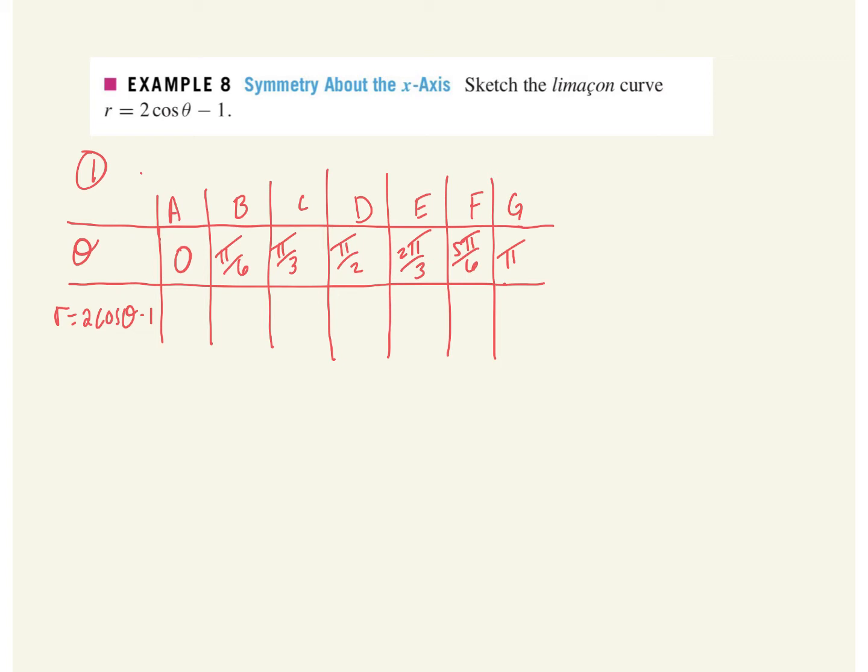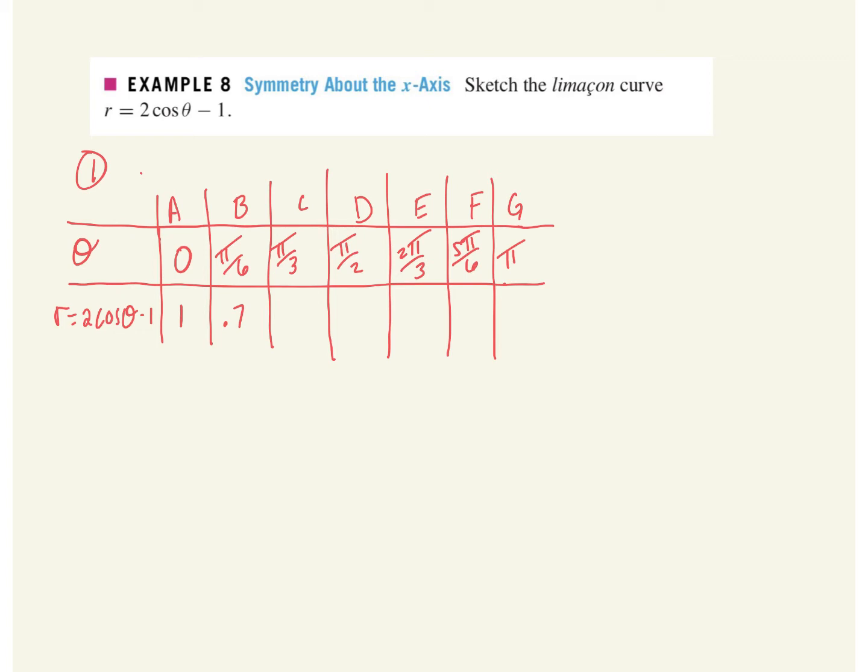So if I evaluate r at 0, cosine at 0 is 1, 2 minus 1, we get a 1. If I evaluate it at pi over 6, cosine at pi over 6 is root 3 over 2 times the 2, so it's root 3 minus 1. I've got a decimal number in here because when we go to plot it, it's helpful to know where the radius falls.